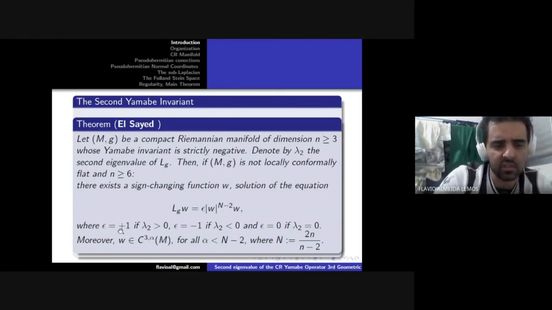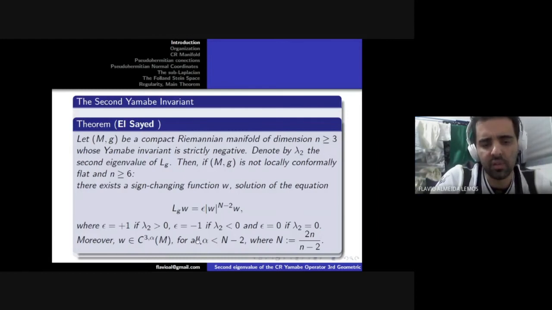Moreover, we have this regularity for alpha less than a bound depending on n, the dimension.